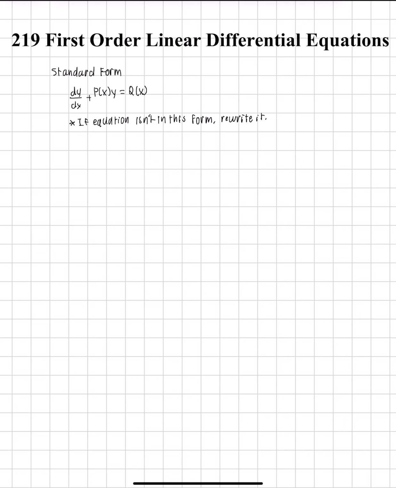A tip is that if there is a coefficient in front of dy/dx, like x or x squared, you must divide by that term because you just want to get p(x) alone.